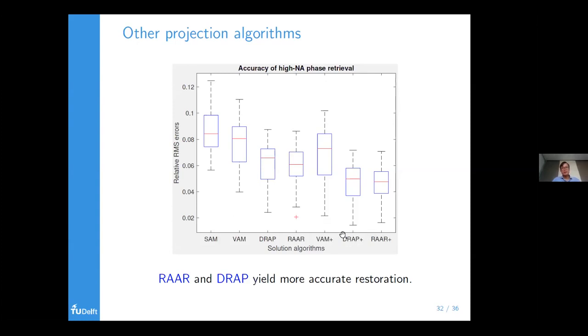We observe that the RAAR and the DROP algorithms are most effective for this class of problem, for both cases, with amplitude constraint and without amplitude constraint. The other algorithms are less effective, and we do not show them in this figure.